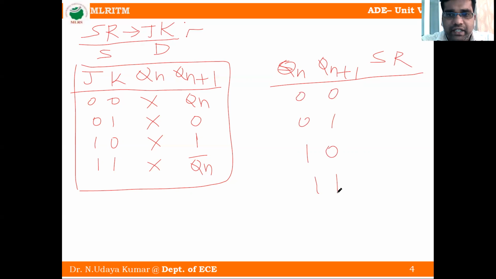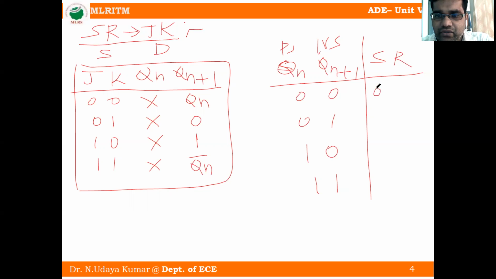Already I told how to remember it. One trick is there. Here this one is the present state and this one is the next state. Next state is as it is: 0, same 0, same 0. Same 1. Next same 0. And the last one is don't care.